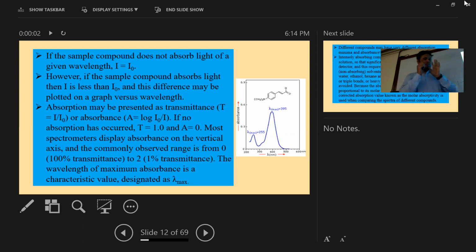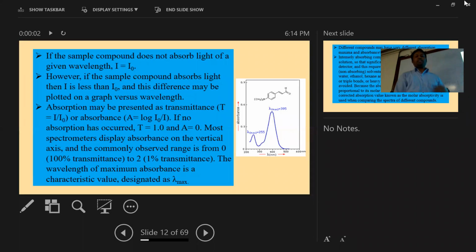So for a specific kind of molecule, you have a fixed lambda max, and that depends on what types of molecules are inside. That is the qualitative analysis for this instrument.